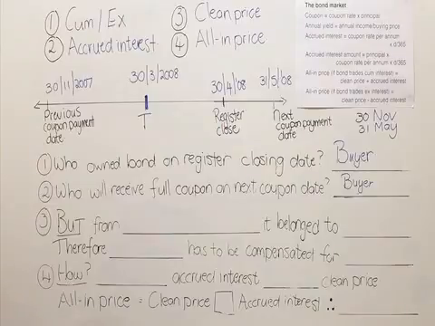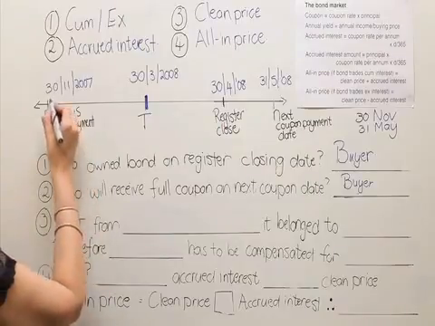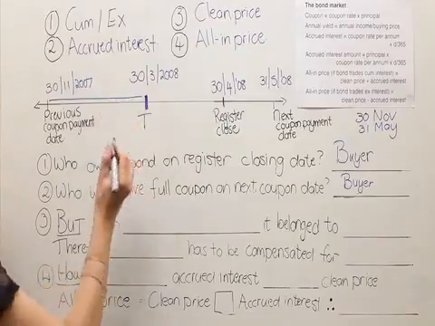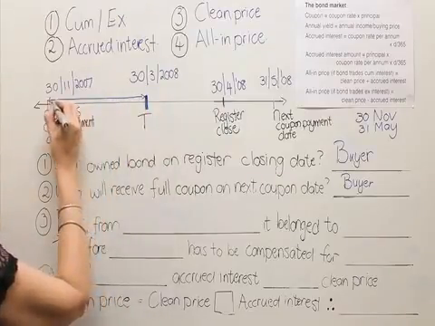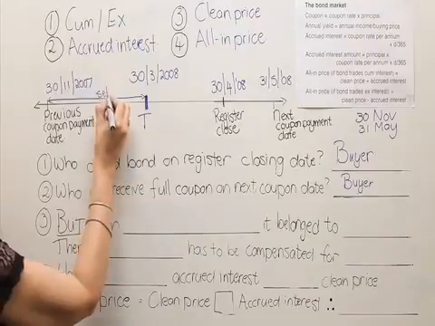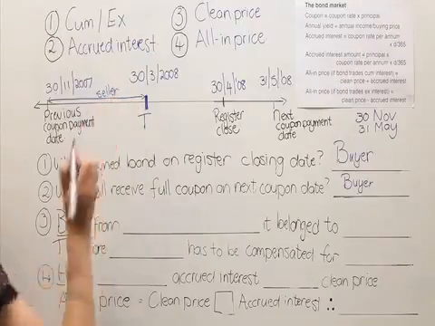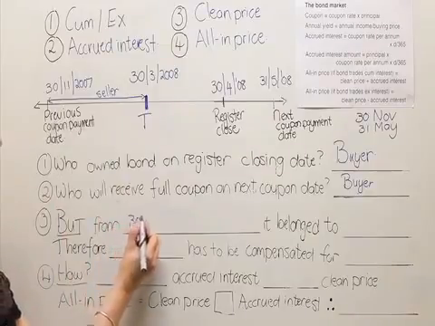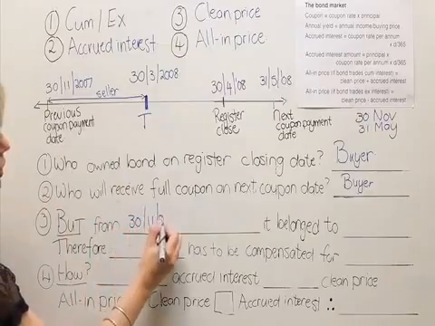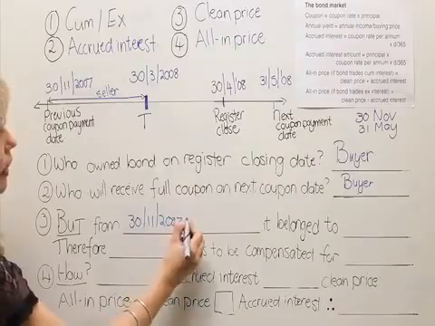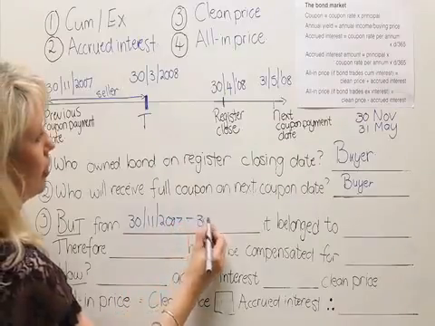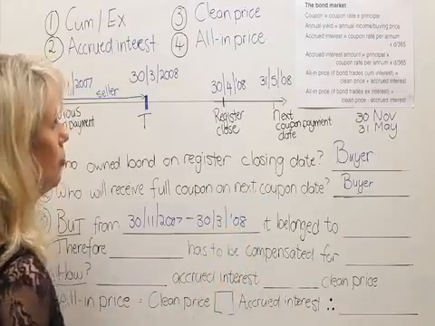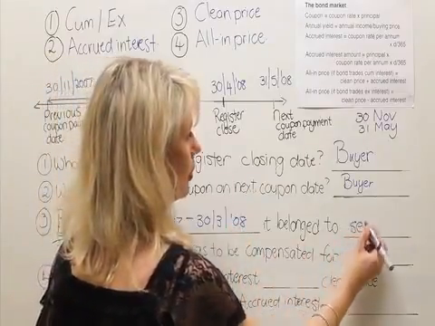But that's not quite fair, because from the previous coupon payment date until the transaction date, it belonged to the seller. So from 30th of November 2007 until the 30th of March 2008, the transaction date, it belonged to the seller.